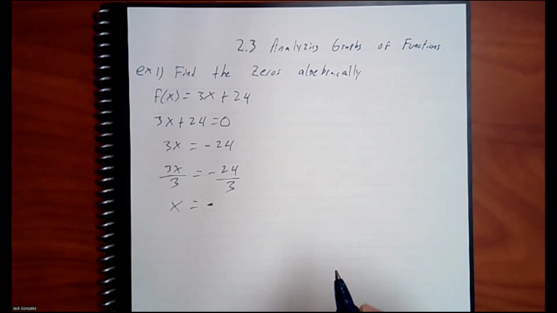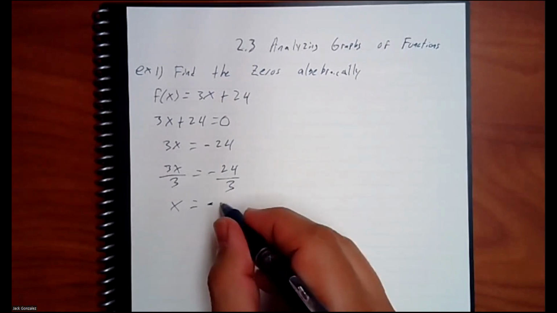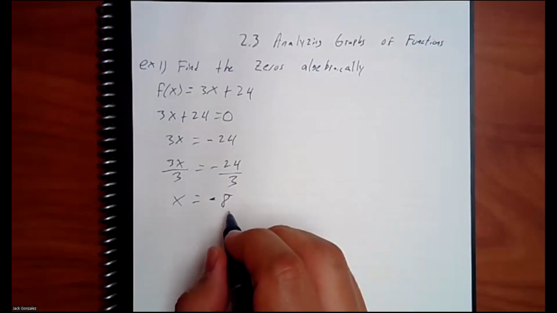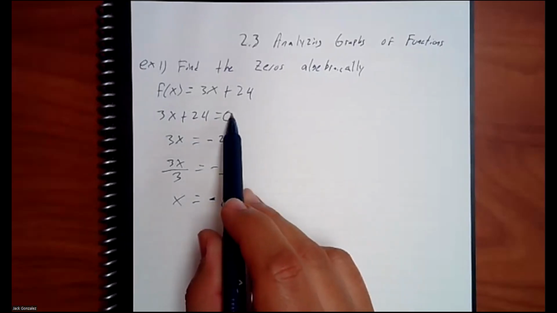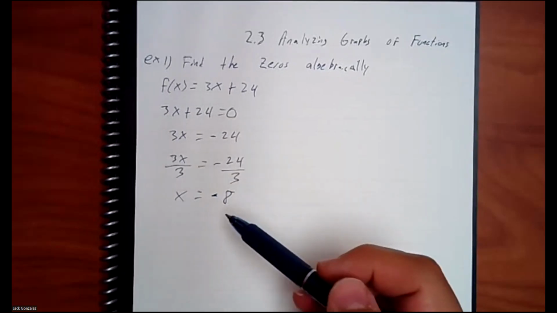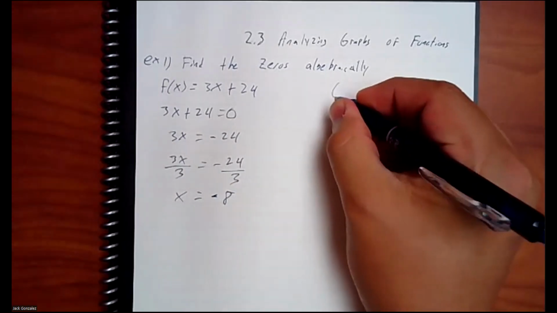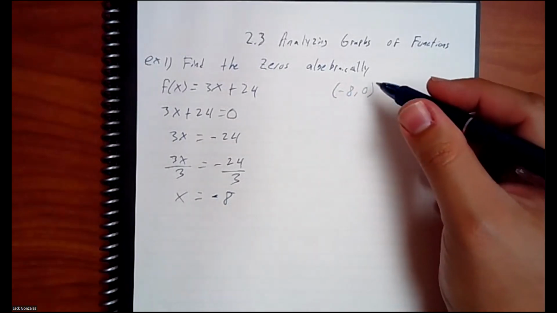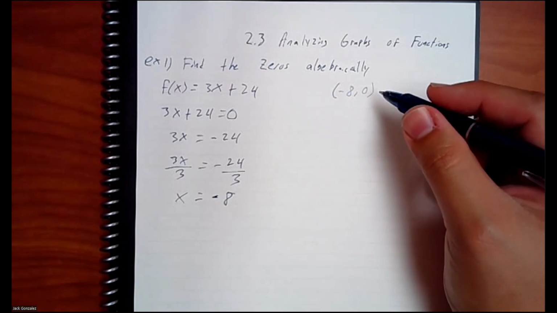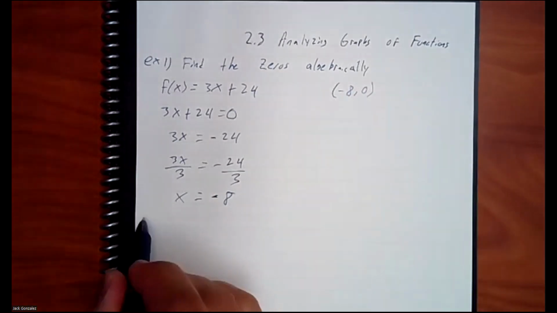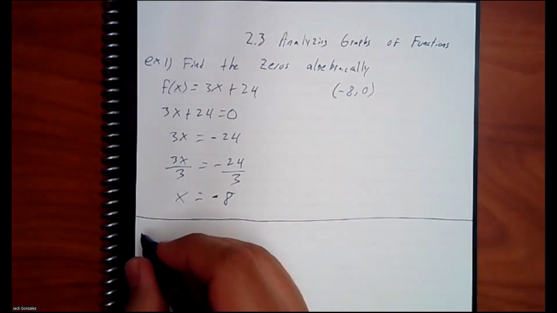Yeah, -8. So when x is -8, the function will be 0. That's what's happening when you set something to 0. So you have a point at -8 comma 0. This is the 0 of the function, okay? This x value makes it 0. Does that make sense when they ask you that?